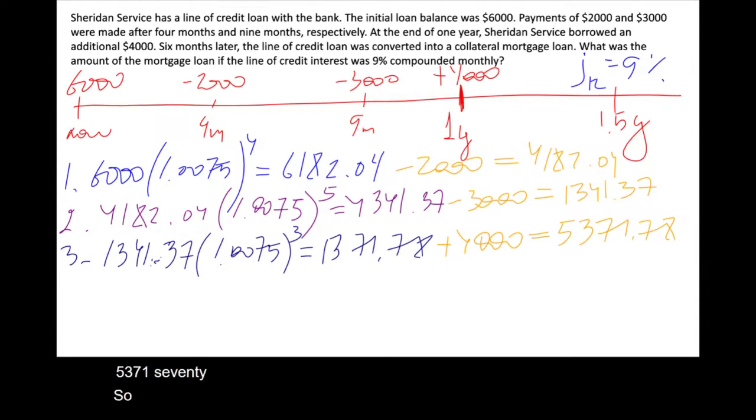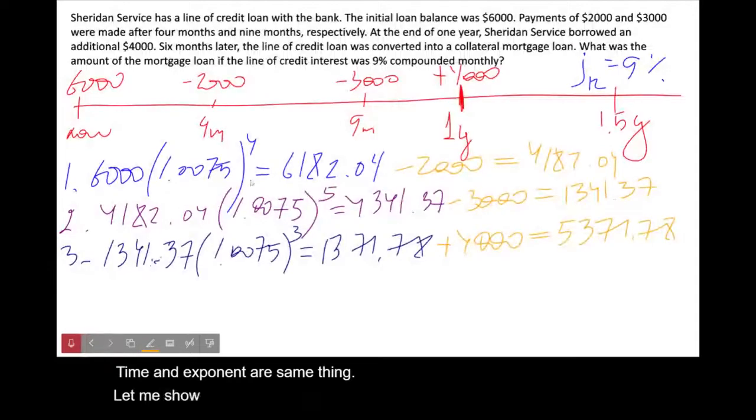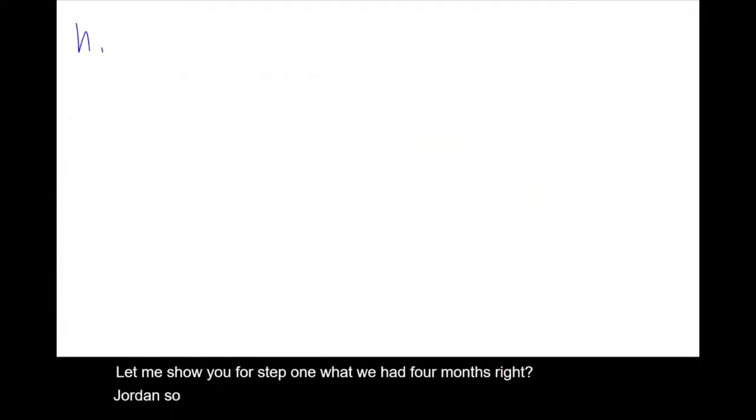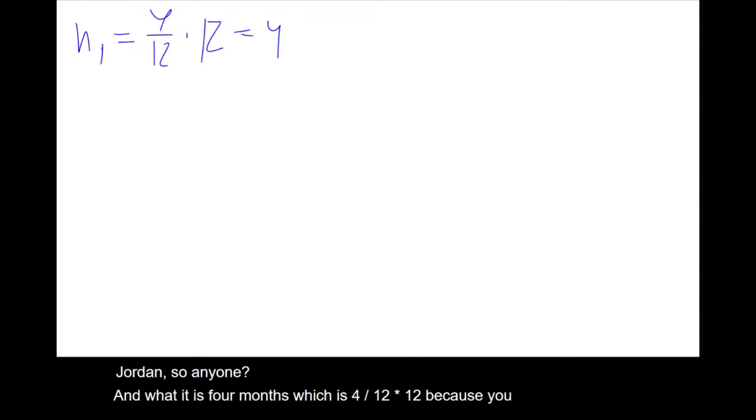So far, people are using just the time and not the exponent. Well, at this time, time and exponent are the same thing. Let me show you. For step 1, what we had, 4 months, right? So N1 is 4 months, which is 4 over 12 times 12, because you compound monthly, yes?